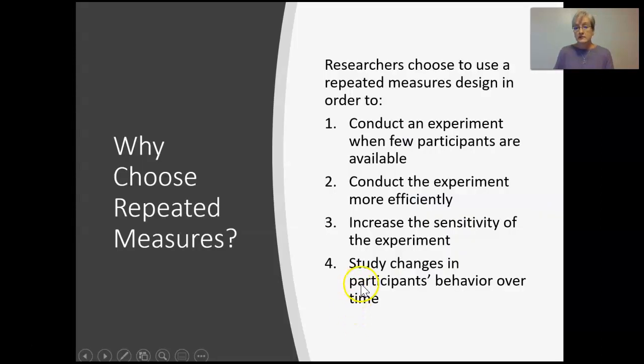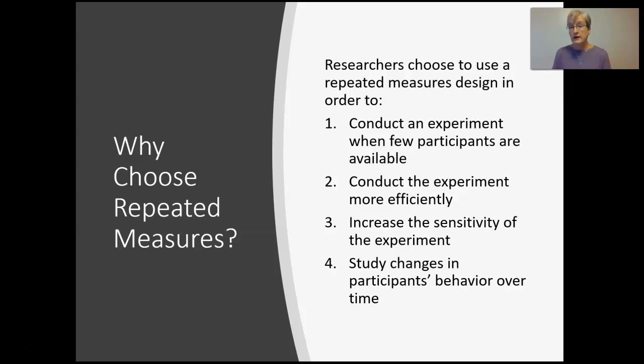Now, what are some advantages, or why might you choose a repeated measures design? Well, if you want to use a smaller number of participants, maybe you have limited access to participants, maybe the issues you want to study make recruiting difficult, or you have a limited period of time in which to complete your data collection round.